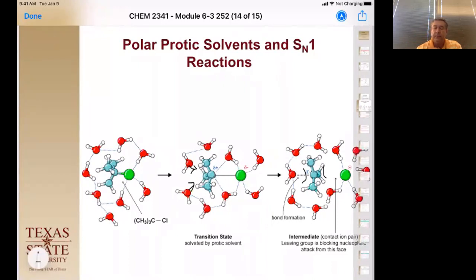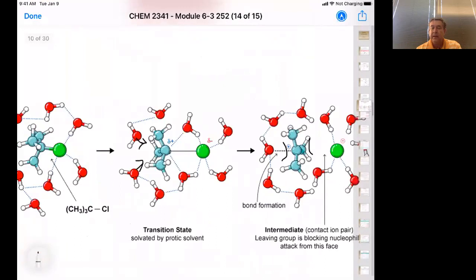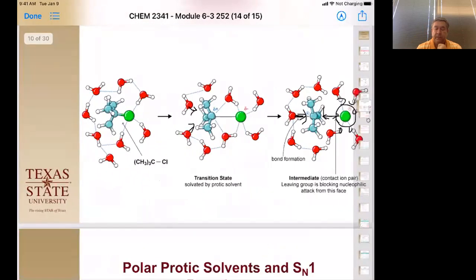Notice that your leaving group is hydrogen bonding to multiple hydrogens from the solvent, and that's what makes it easy for it to leave, because it can reversibly go back and forth. It's just being held in that position. And then you can have reaction by the solvent to give us our new product.